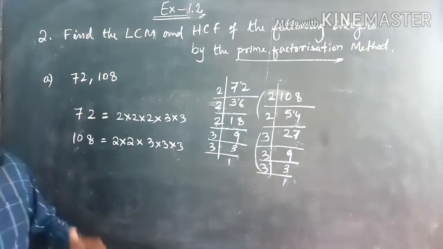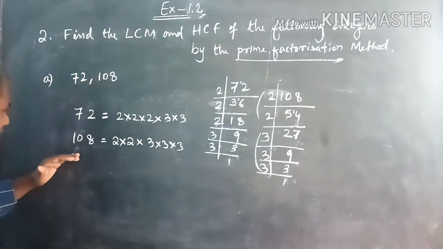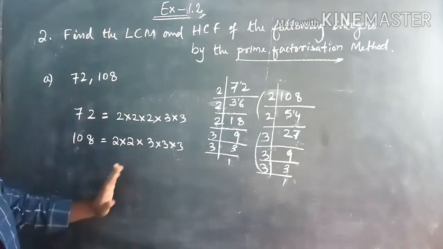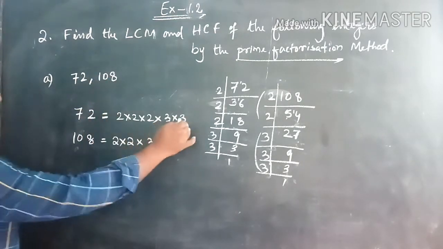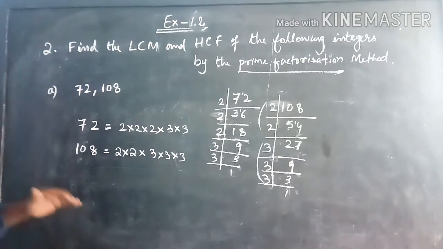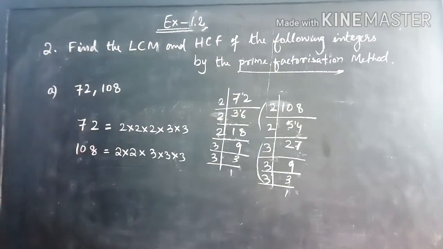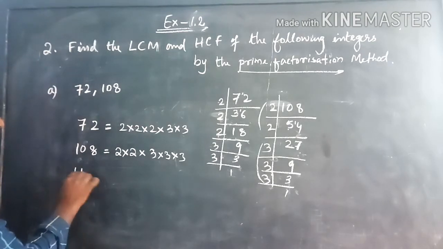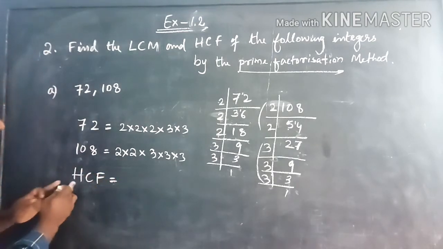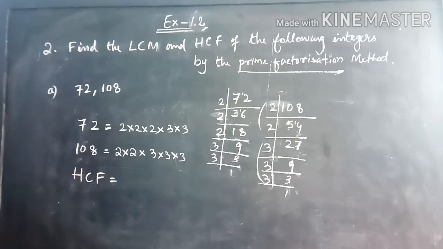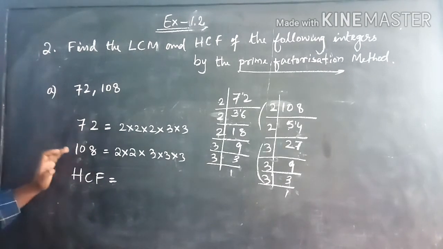Now let us see how to find the LCM and HCF of the given numbers from these products of prime factors. Let us start with the HCF. HCF is the highest common factor. So what are the common factors between the two numbers 72 and 108?